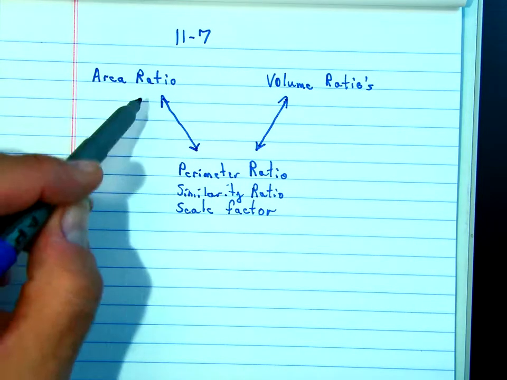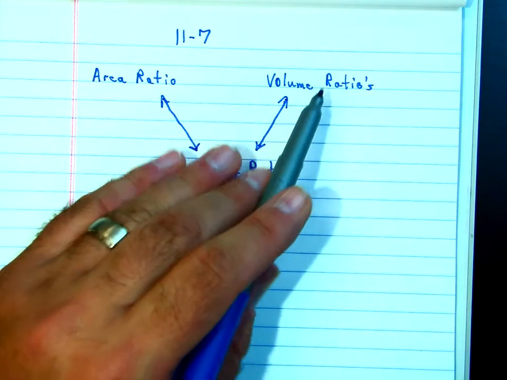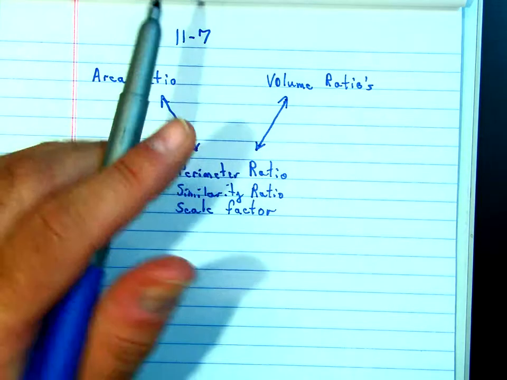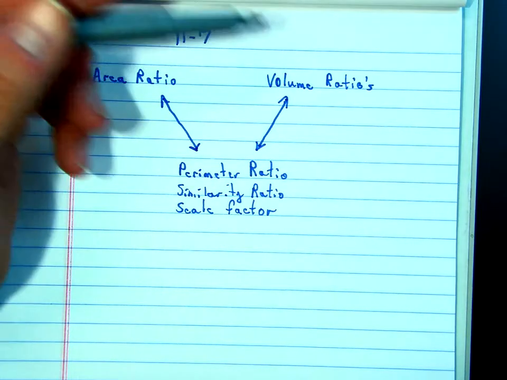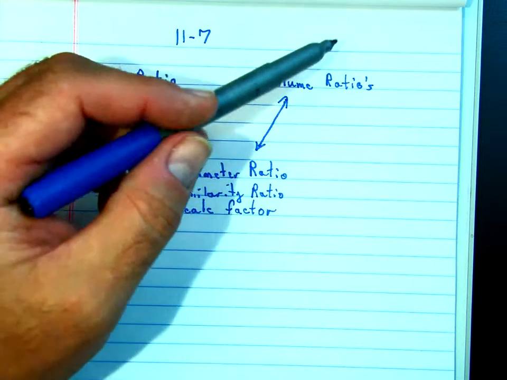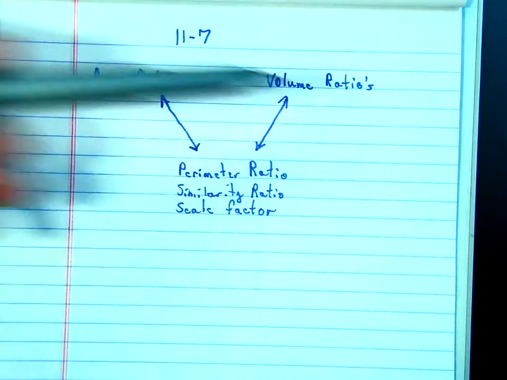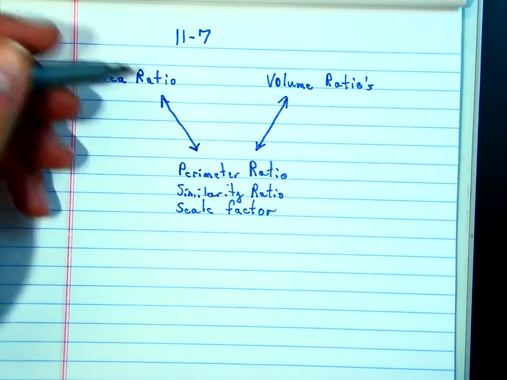In order for you to get there, you have to go to perimeter and then go to volume. Or if they give you a volume ratio, you have to go from volume ratio to perimeter and then to area. It's kind of like in a right triangle where you're trying to find special right triangles, and you have to go from the hypotenuse to the short leg, and then from the short leg to the long leg. You can't go across. It's the same concept, except here you just have to know your opposites.